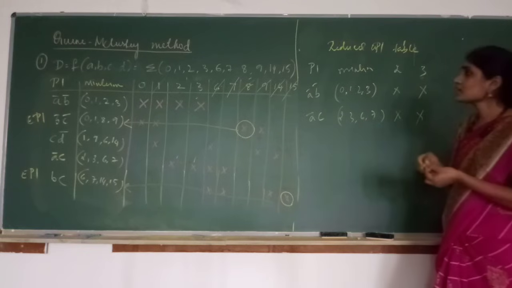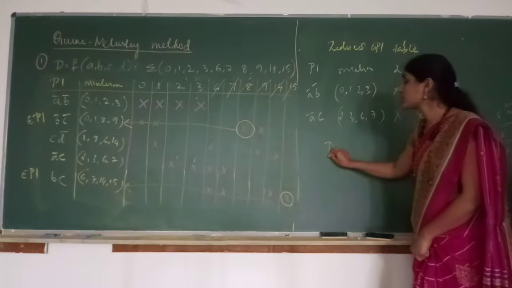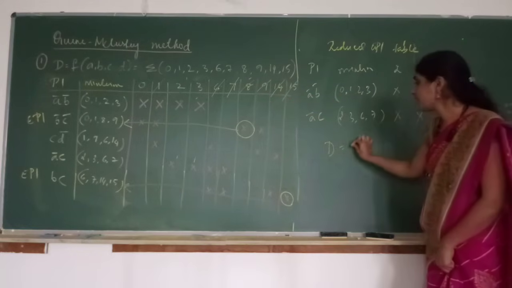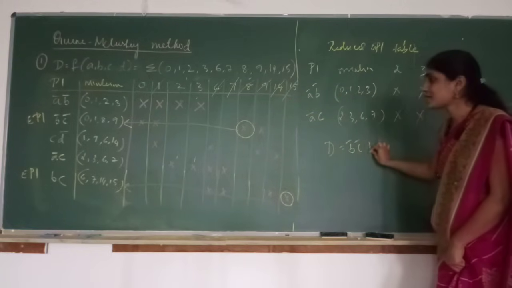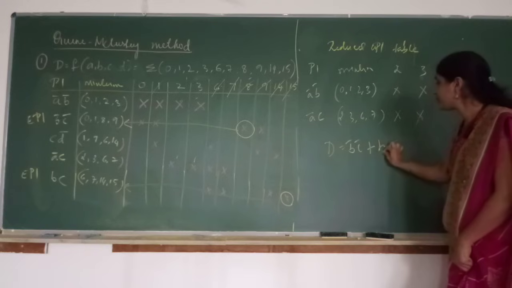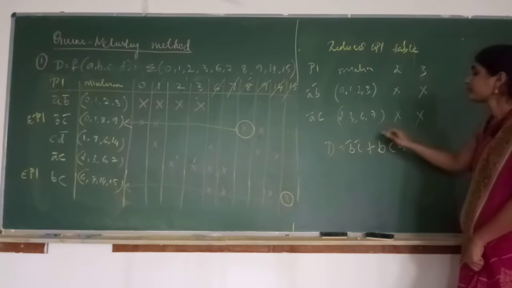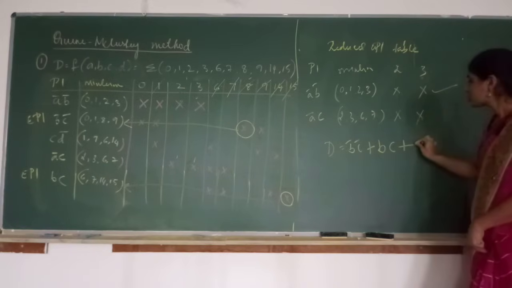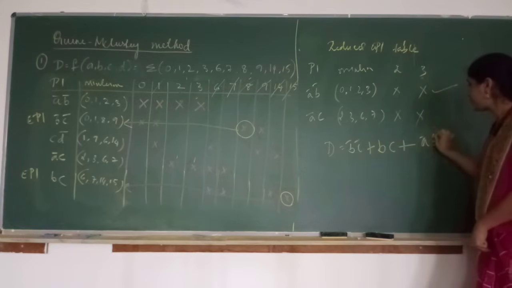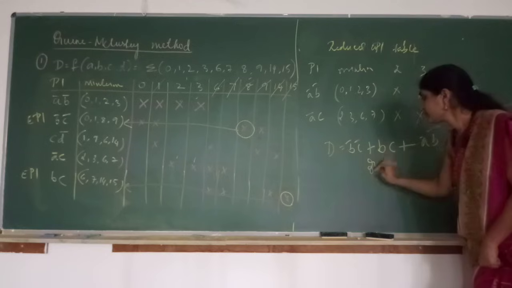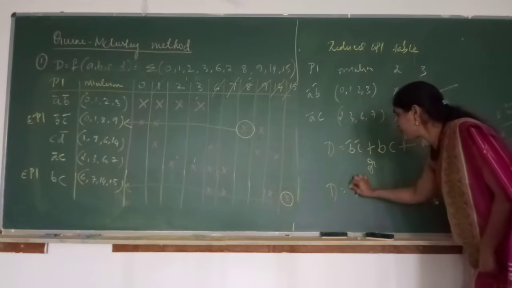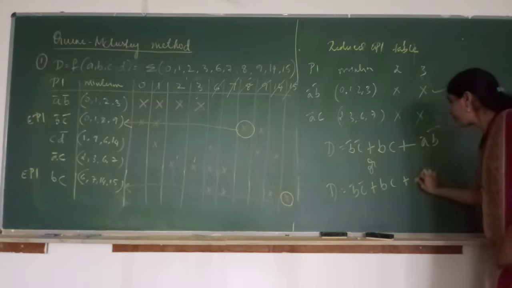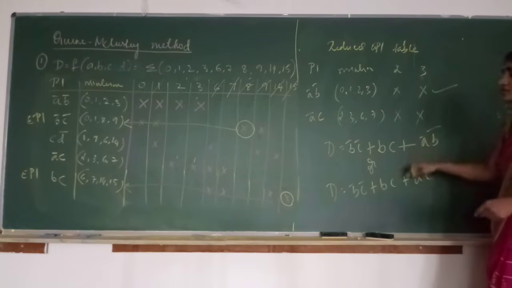That means your final equation will be G is equal to f of A, B, C, D is equal to, what is your first EPI? B bar C bar, plus second EPI BC, plus either you take this or you take this. So your answer will be G = B bar C bar + BC + A bar B bar, or G = B bar C bar + BC + A bar C. Either this or this.